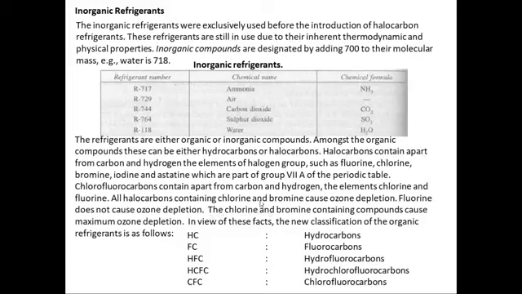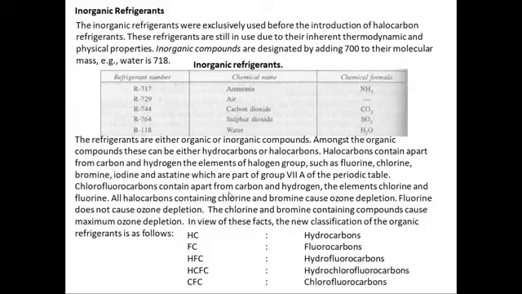Now the story starts on the environmental effect. How do these halocarbons affect your environment? The inorganic ones are not so dangerous for the environment; they are dangerous because of their flammability or their toxicity. But other than that, they are not so dangerous to the environment.